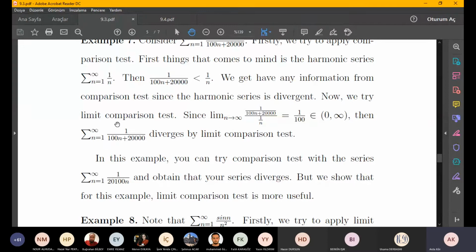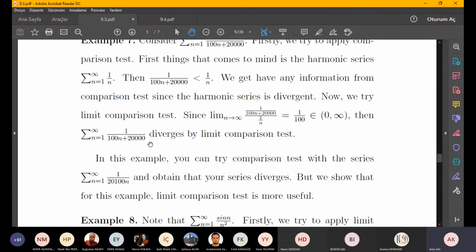So since this is the harmonic series, the sum of 1 over n from n equals 1 to infinity, that harmonic series is divergent. So you can directly say by limit comparison test, since the limit of an over bn at infinity is finite, the one whose behavior you are trying to find is also divergent.